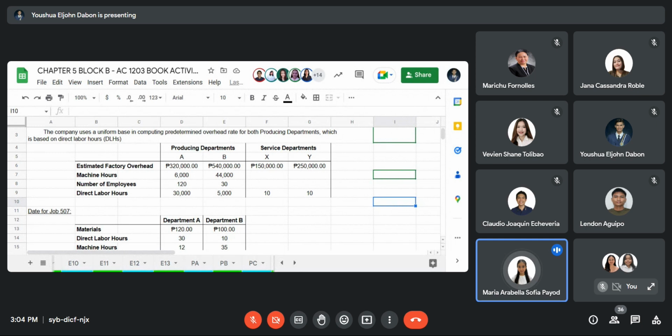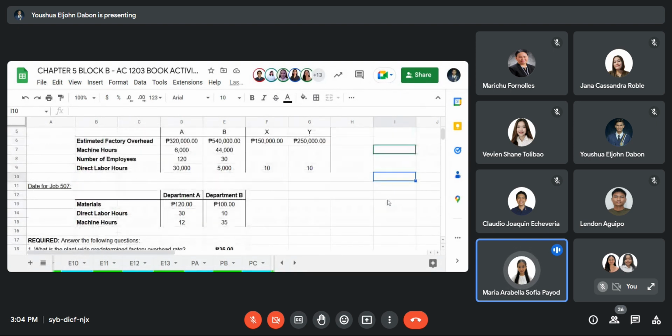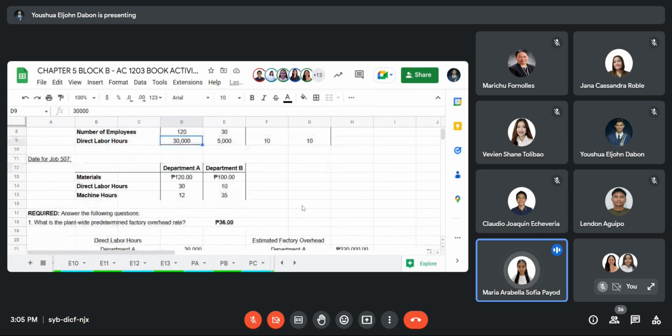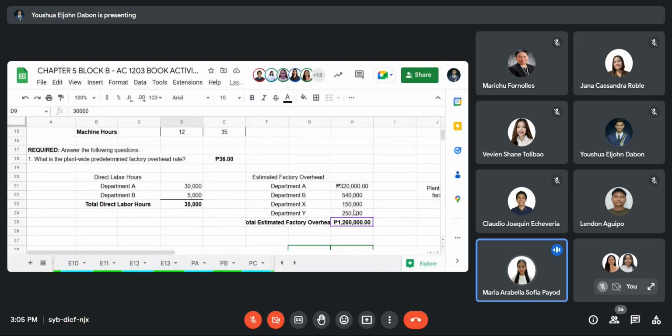So we got 36. How did we get 36 pesos? So first, the direct labor hours for departments A and B are added. That's 30K plus 5K equals 35K. And we totaled the estimated factory overhead for the different departments, and we got 320K plus 540K plus 150K plus 250K equals 1,260,000.